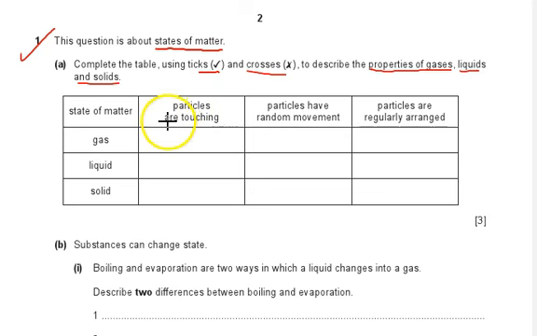For particles are touching, you should put a tick for solid and liquid, and a cross for the gases. Particles have a random movement: this should be gas and liquid, and we put a cross for solid.